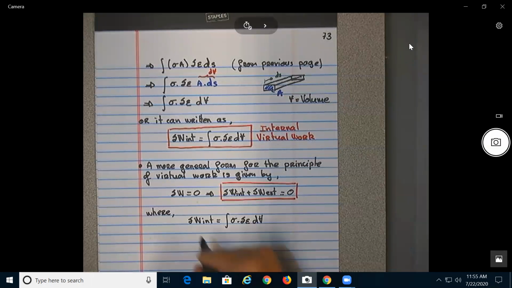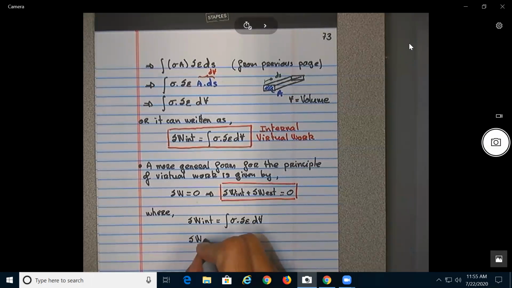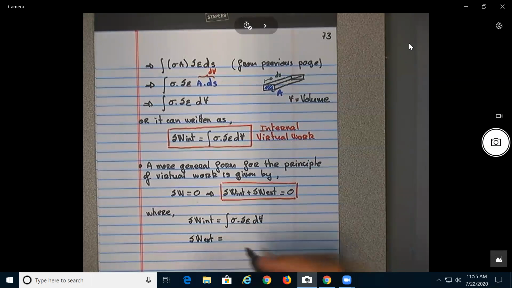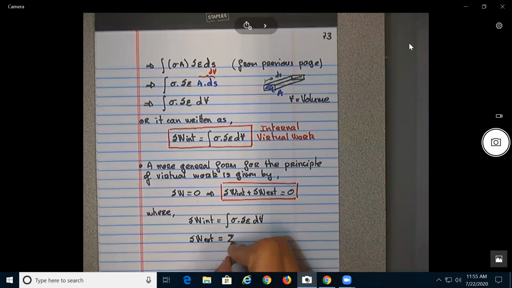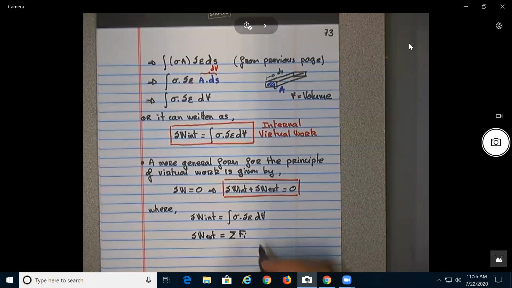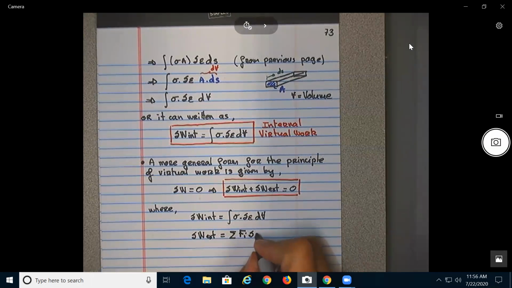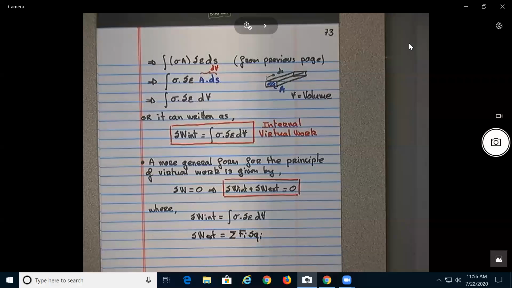Okay, and for the external, basically it will be whatever the amount of forces that you have. Let's call them S sub i times the virtual deformation that we have been calling Q sub i, okay?